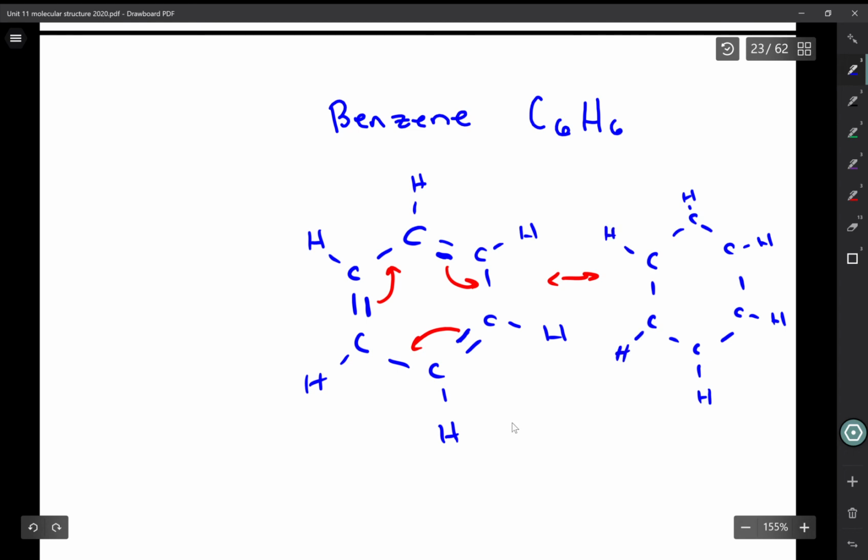And so now that double bond's there, that one's there, and that one's there. So that's your resonance. And that's always happening. These bonds are shifting as these electrons are moving. And then these electrons again will kick over here, that'll move over there, that'll move over there. So they're constantly moving in a circle.